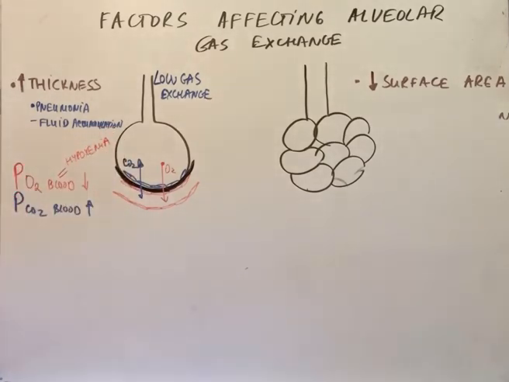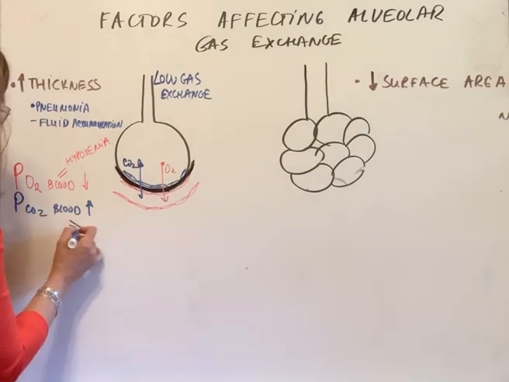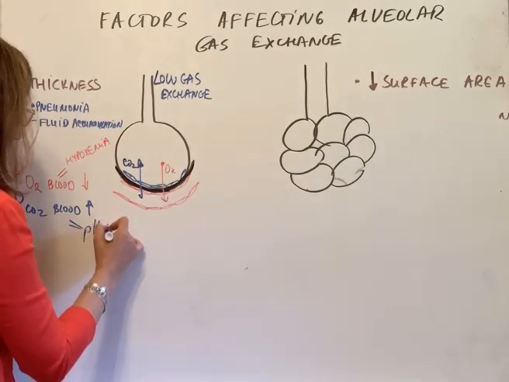And we know that we need enough oxygen to deliver to the tissues, so our tissues will eventually be affected. High concentration of carbon dioxide in the blood can lead to pH imbalances.